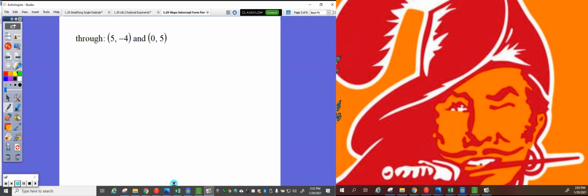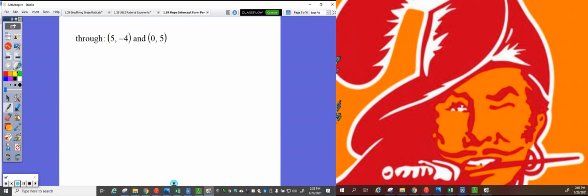Now we have to pick a point. Which point do you want to use to find the equation? I would do this one because it's 0. So now we plug these numbers into this equation. We have -9 over 5, right?